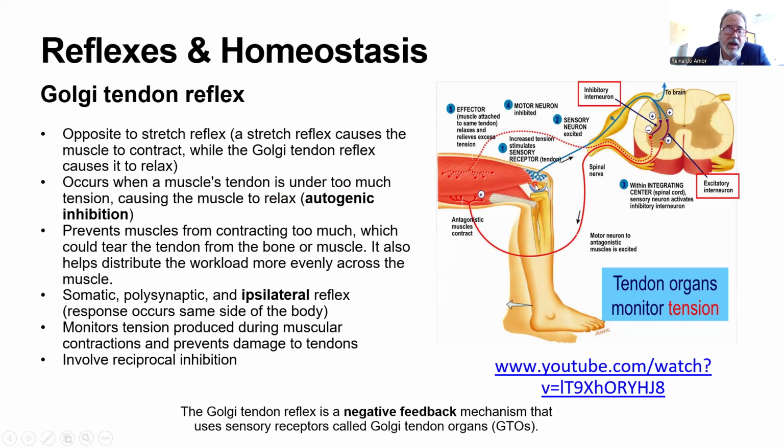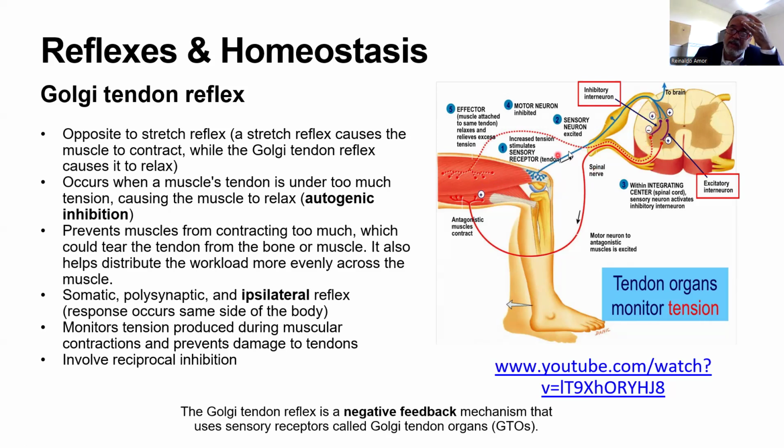So again, notice that this is a polysynaptic reflex. When there is too much tension on the muscle, or too much tension located here, then you want to relax the muscle. So here is the inhibition.